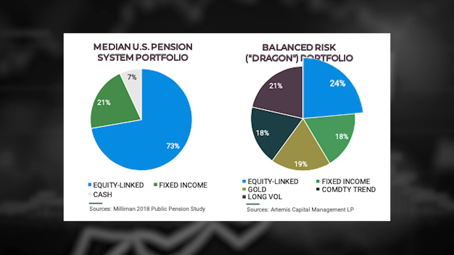Because it only has 24% stocks, 18% bonds, 19% physical gold, 18% commodity trend, and this is a type of trading or a type of investing where you follow trends in commodities. Also, 21% long volatility.